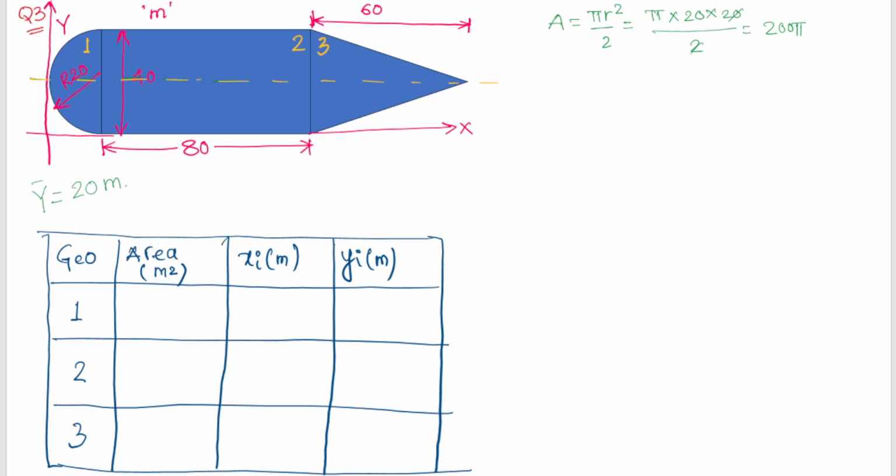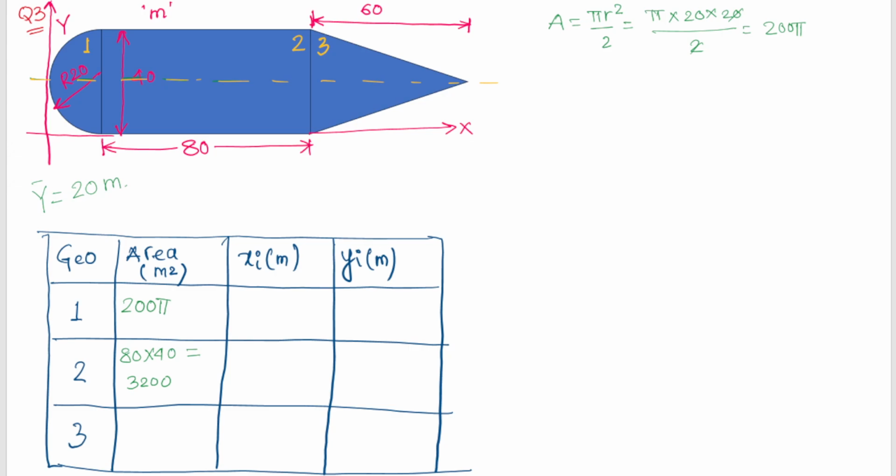So let's put the value. Area 1 is 200 pi. Area 2 is a rectangle of height 40 meters and length of 80 meters. So the area will be length into breadth, so 80 into 40, that is 3200 meters square.